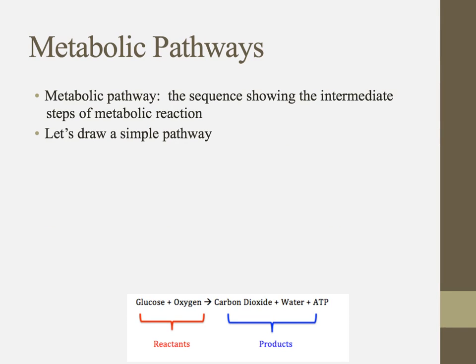Now, these reactions are hardly ever one-step simple reactions. Instead, they happen along what we call a metabolic pathway, or a sequence that shows the intermediate steps of a reaction. So just like at one time, and don't draw this, it's just an example, at one time you were a combination of sperm and egg, and then you were an ugly little fetus with gills and a tail and webbed feet, okay?